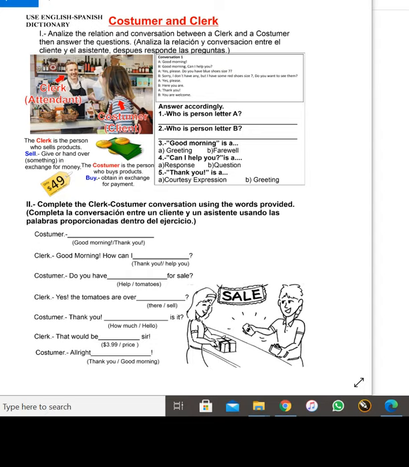Remember who is who. A is the customer, B is the clerk. So B, clerk: sorry, I don't have any. But I have some red shoes, size 7. Do you want to see them?